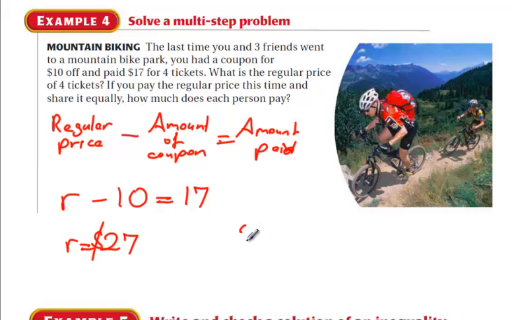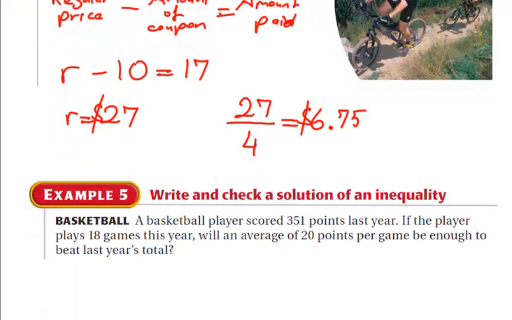If I divide 27 by 4 people, because you and 3 friends make 4, then what is this equal to? 4 goes into 27 6 times, 6 times 4 is 24, and we have 3 left. 3 divided by 4 equals 75 cents. So it's going to be $6.75 per person. Now, let's move on to the next example.